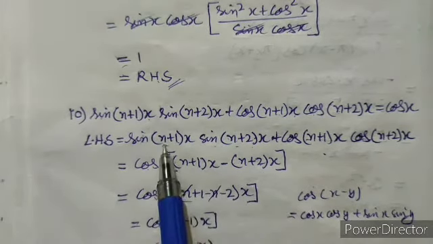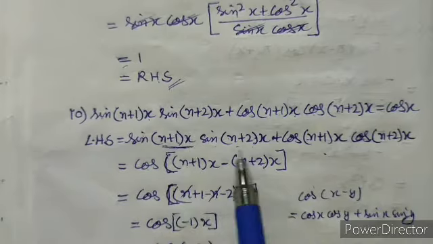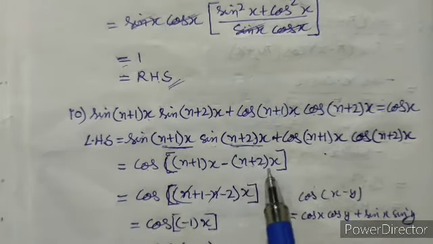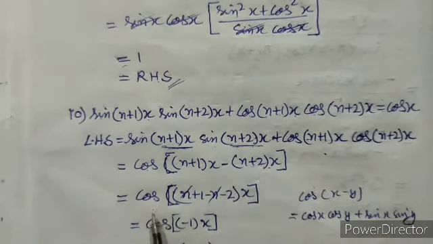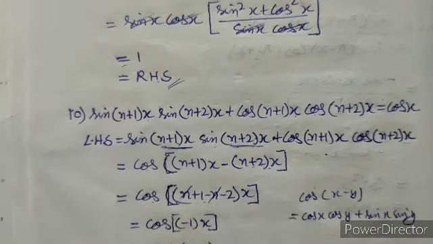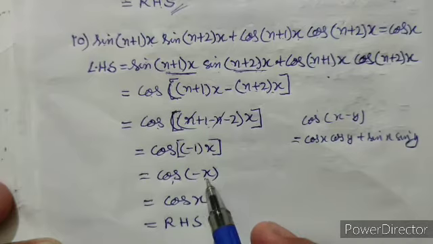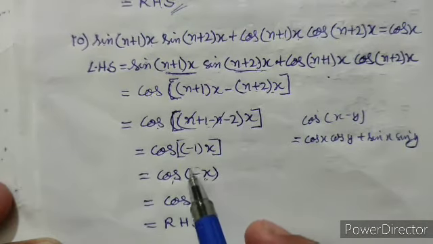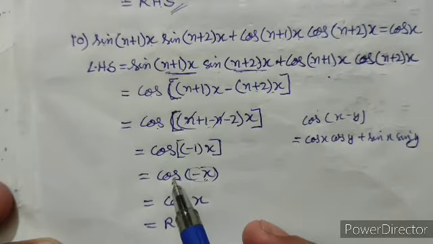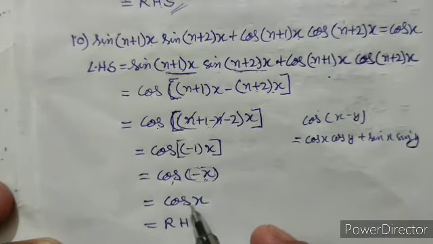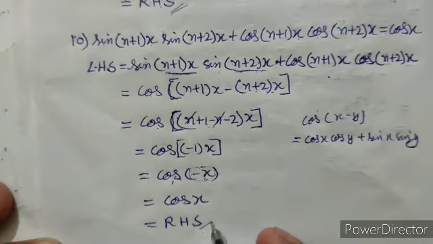Here in place of x there is (n plus 1)x, in place of y there is (n plus 2)x, and this on solving will give us the answer equal to cos(minus x). Now cos(minus x), this minus x will lie in the fourth quadrant, and in the fourth quadrant cos is positive, so cos(minus x) will be equal to cos x, which was our right hand side.